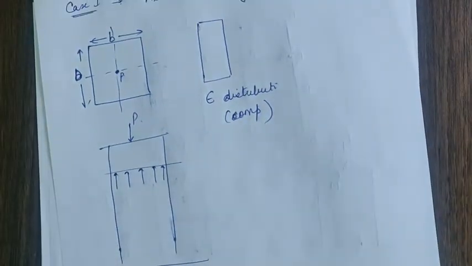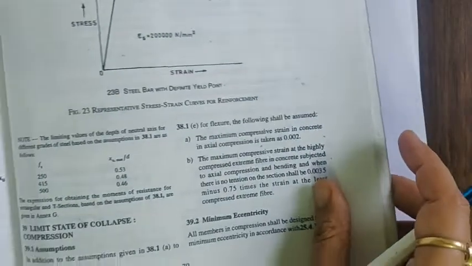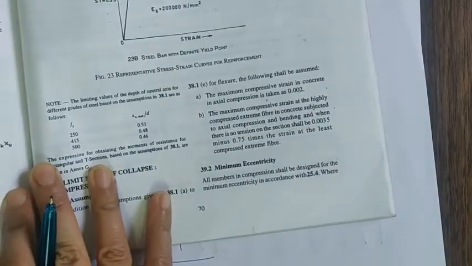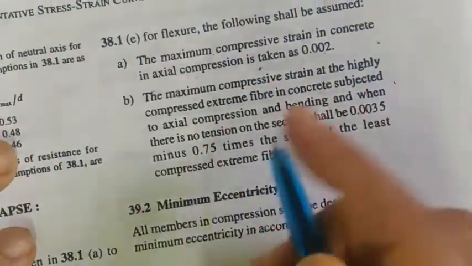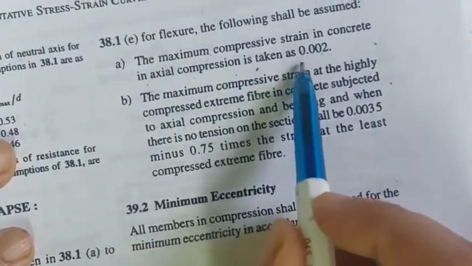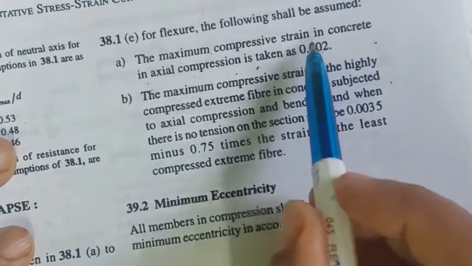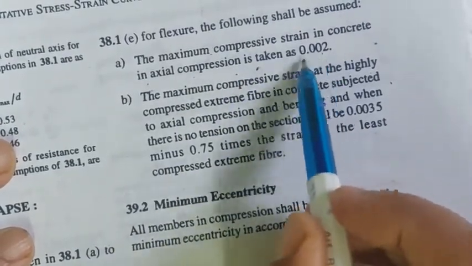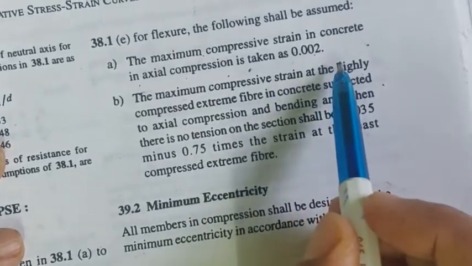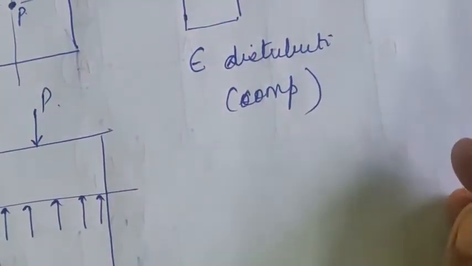And we know from one of the clauses given in the code that the maximum strain in concrete in axial compression is taken as 0.002. We will consider that the column has failed when the maximum axial strain in concrete has reached 0.002. So I am taking the critical case.